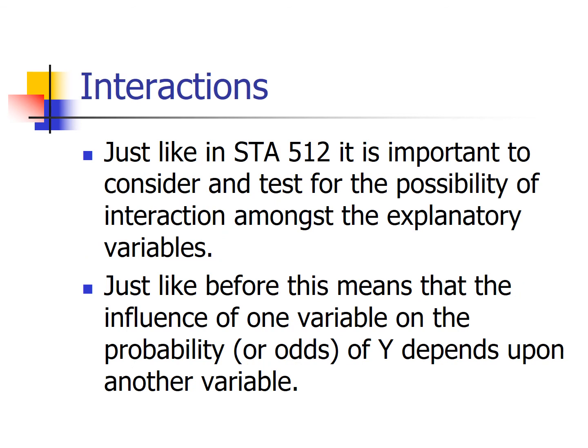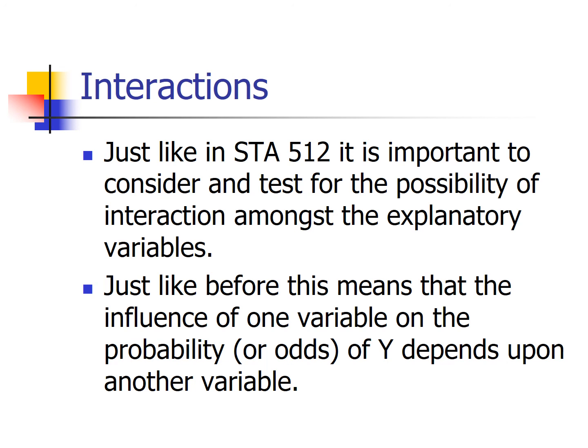So the last thing for us to talk about before we finish up this lecture, just like in Stat 512, it's important to consider and test for the possibility of interaction amongst our explanatory variables. This means the same thing it meant in 512.